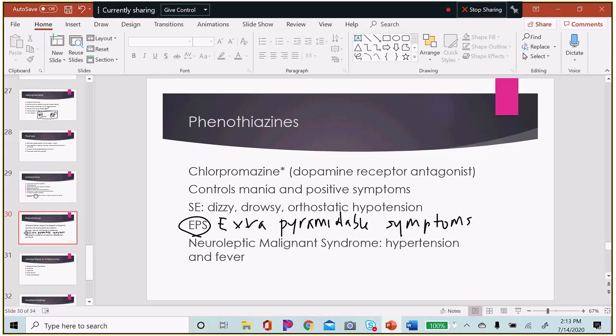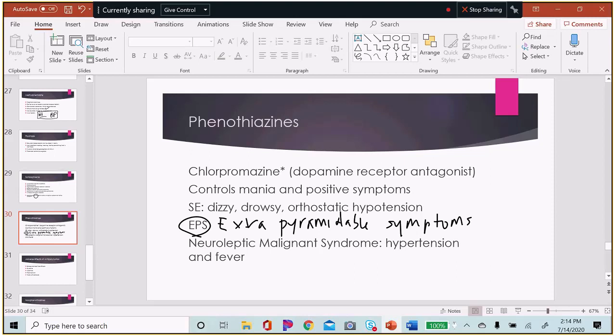And this will control mania and the positive symptoms of schizophrenia, meaning the symptoms that add on behavior, the hallucinations, delusions, etc. But it doesn't help the negative symptoms very well. So it's hard to be compliant with these medications because you are left with the withdrawal and isolation symptoms.